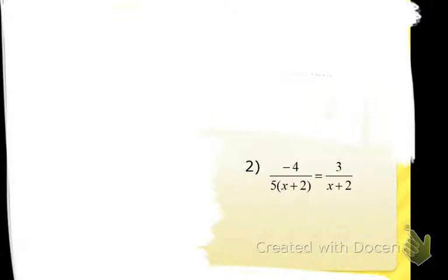Now, they've already got some parentheses in one of their denominators, so that's fine. I would still recommend putting your other denominator, which is a binomial, in parentheses also.